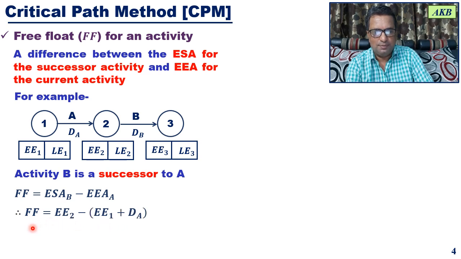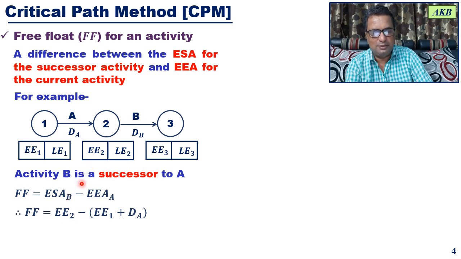Okay. So let us again simplify this. Therefore, free float is equal to the earliest start time for an activity, and over here it is for activity B. Earliest start time for activity B is nothing but the earliest event time for the tail event.